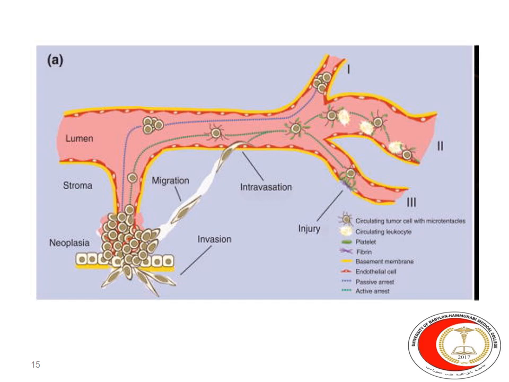In the other line, there will be invasion and then migration, finding another blood vessel and intravasation into the lumen of another blood vessel. So this is how the malignant cells get inside the blood vessel, either by a passive process or by an active process, which includes the sequence of migration, invasion and intravasation inside the blood vessel.